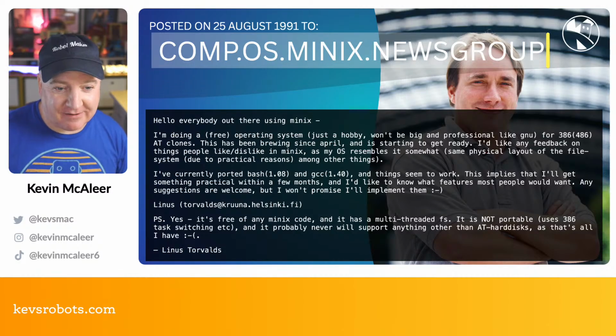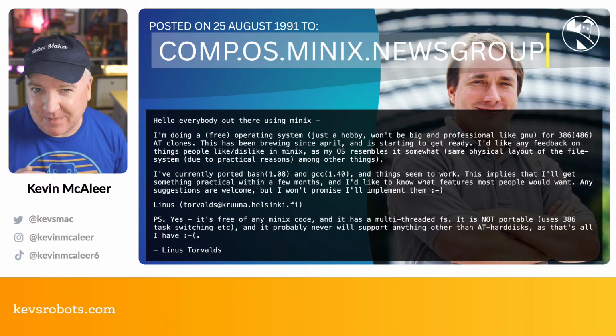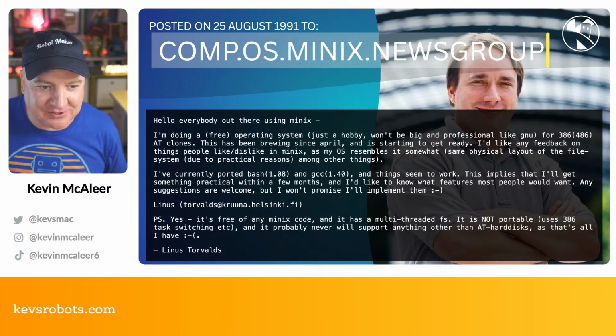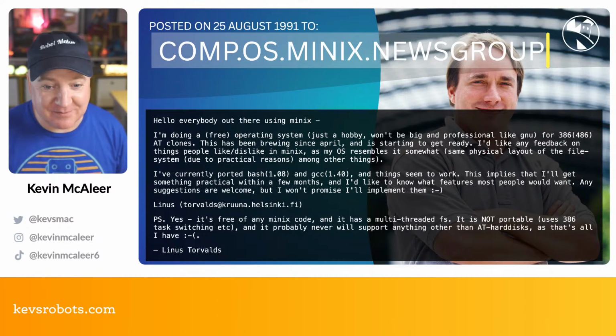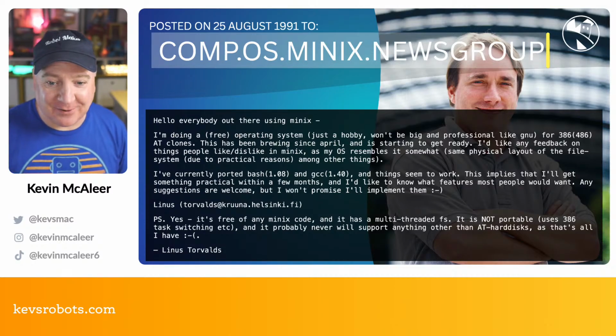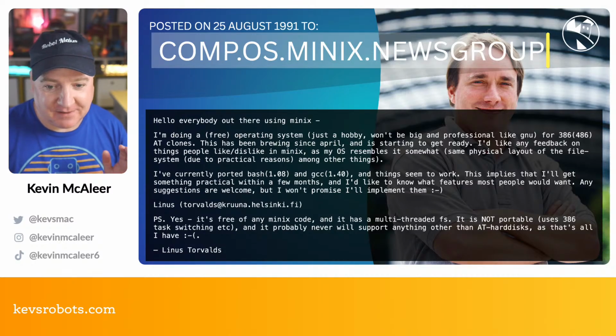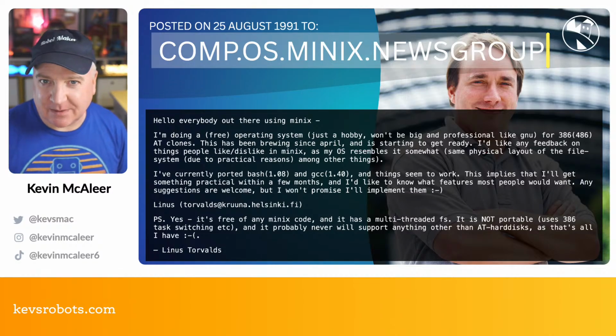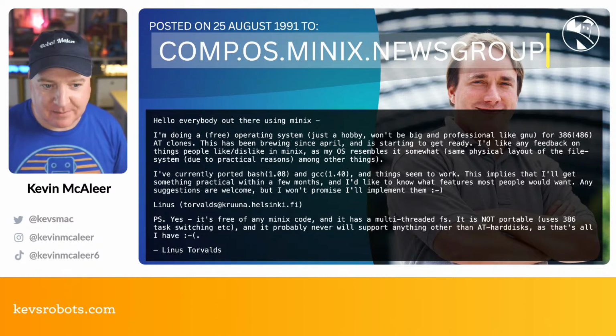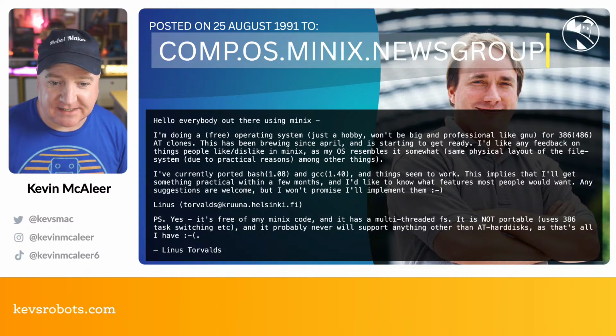Hello everyone out there using Minix. I'm doing a free operating system, just a hobby, won't be anything professional and big like GNU, for 386 (486) AT clones. This has been brewing since April and is starting to get ready.